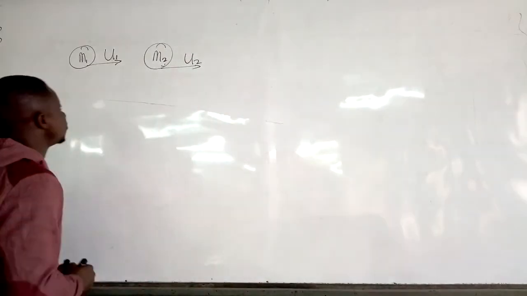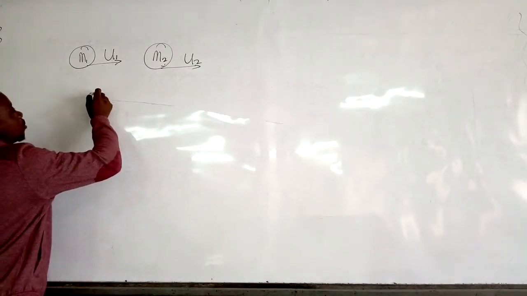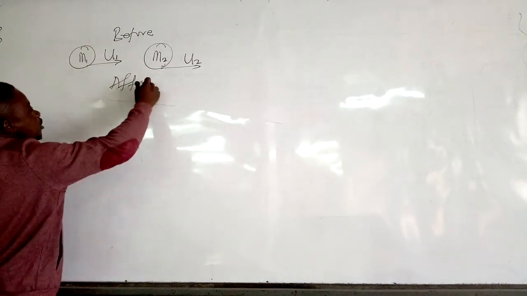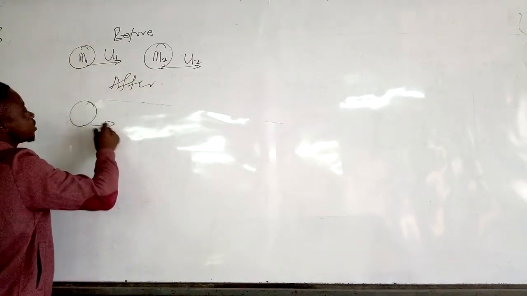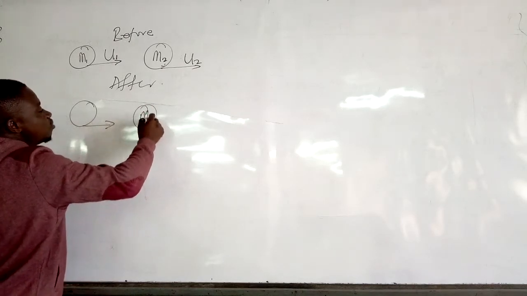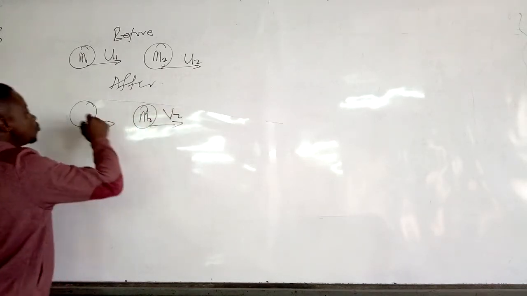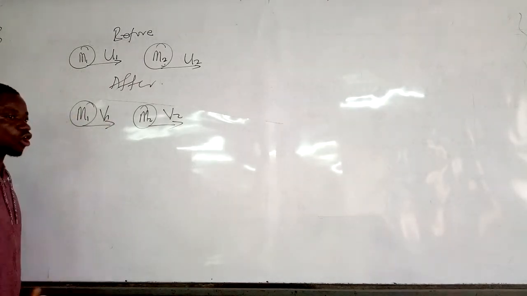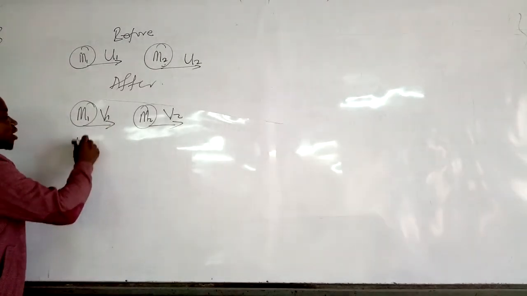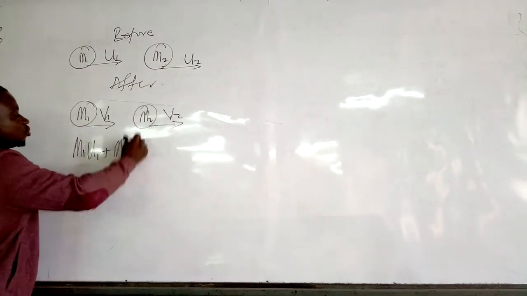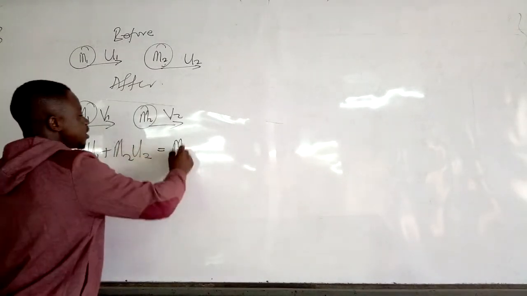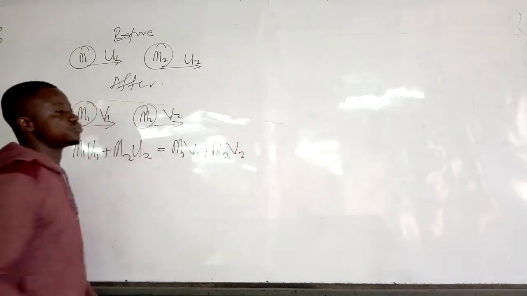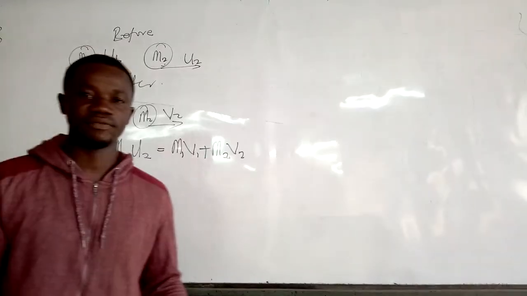This is before collision. Now, after collision, the 2 bodies will separate and move with their own velocities V1 and V2. Because momentum is conserved, we say that M1 U1 plus M2 U2 equals M1 V1 plus M2 V2.